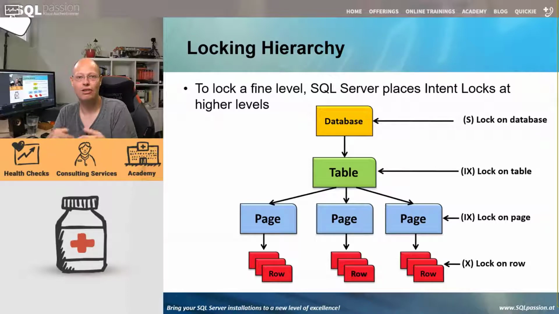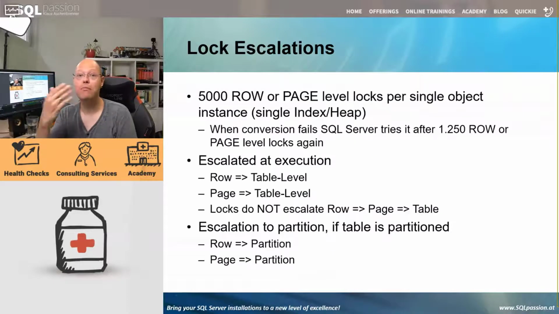The more locks you're holding in the lock manager, the more inefficient the lock manager gets, because you also have to find those locks and everything. You have to check lock compatibility matrices and everything, and you need a lot of main memory for all those locks. And therefore, SQL Server implements a so-called lock escalation.